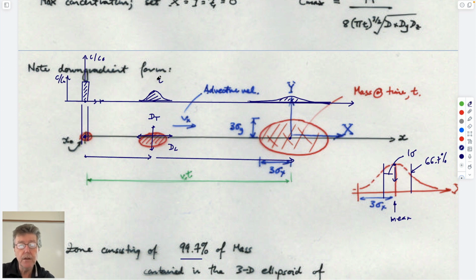And this would be T1, T2 perhaps. No, T0, T1, T2. Yep.